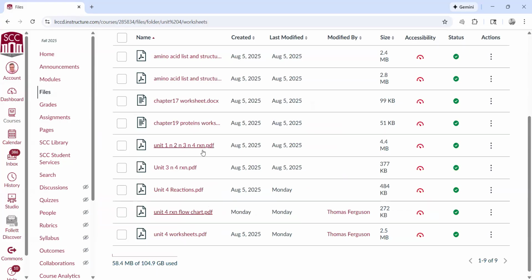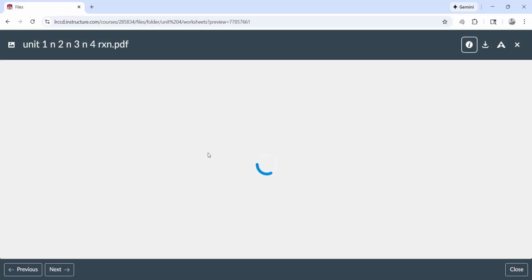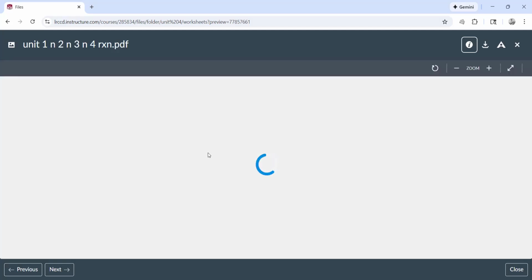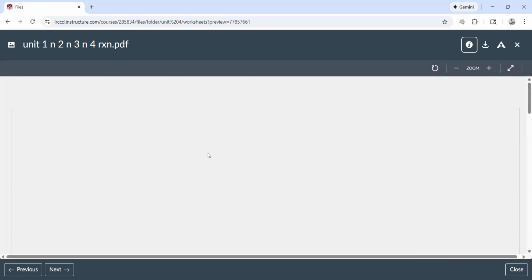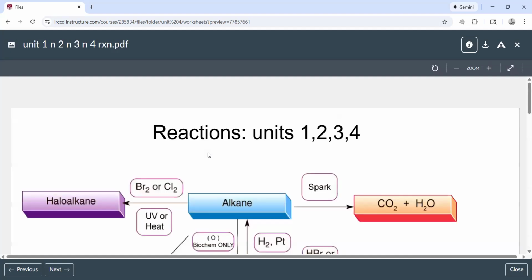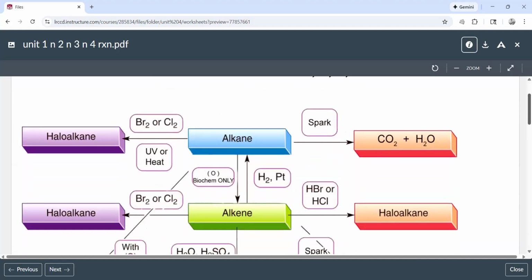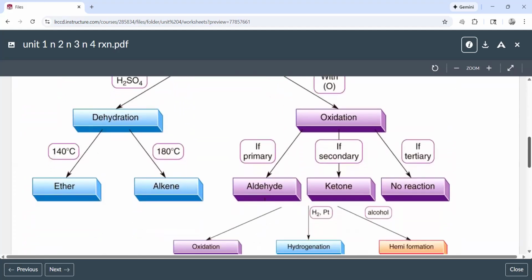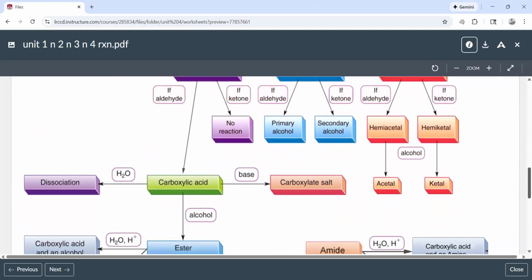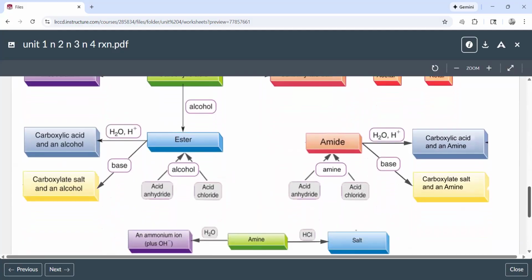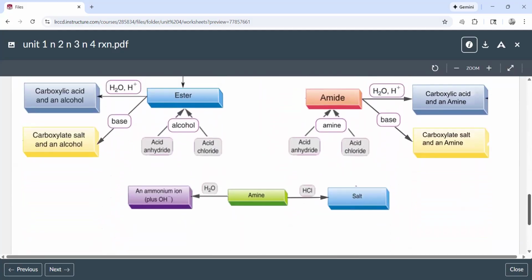Here's another version of the reactions. This one includes everything on here.